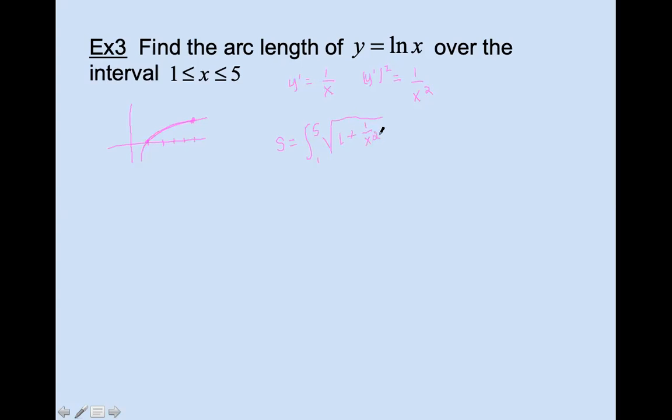We've already squared it, dx. So you could sit and play with that and try to find the antiderivative, but it's one that you need to use a calculator for. So you can pause the video, grab the calculator, check it out. You should see that this is about equal to 4.367.